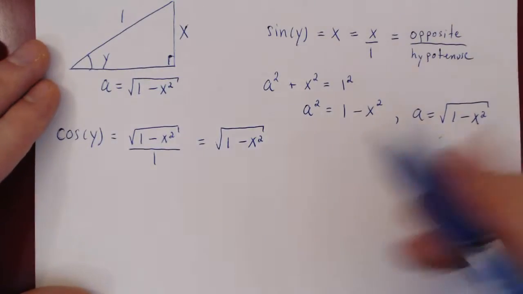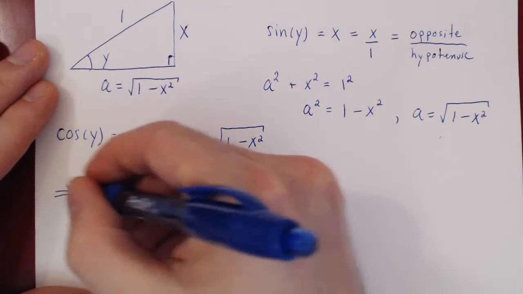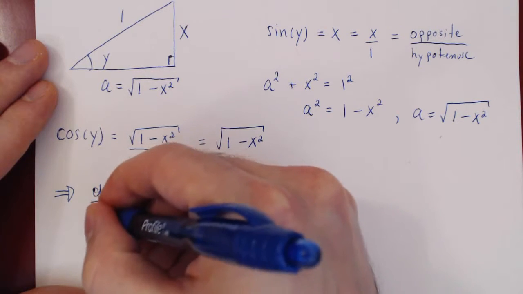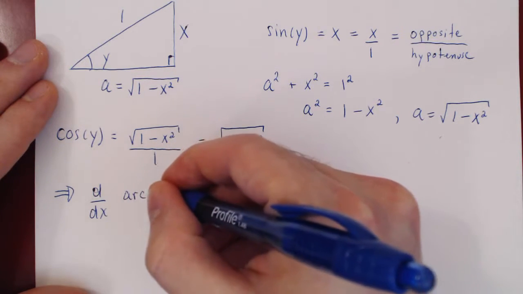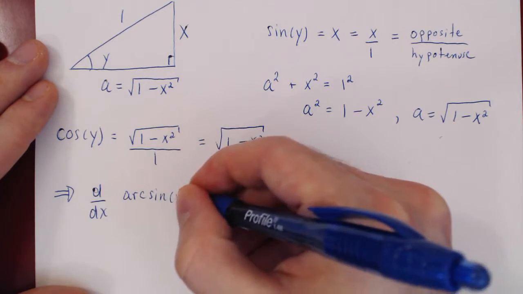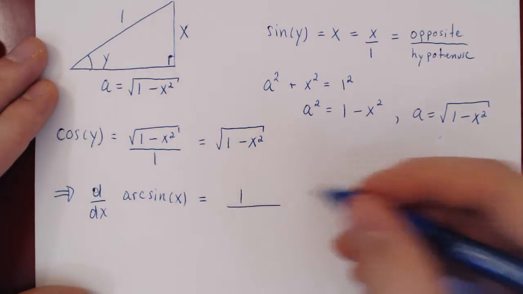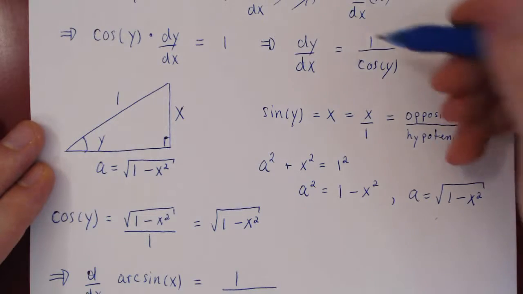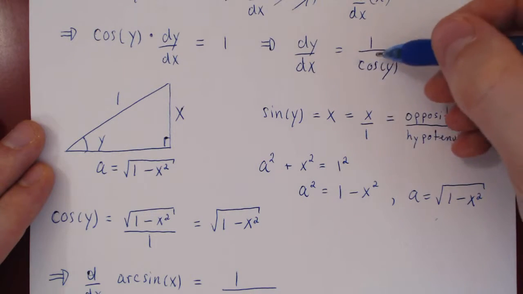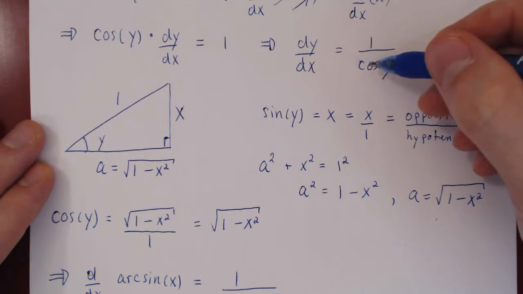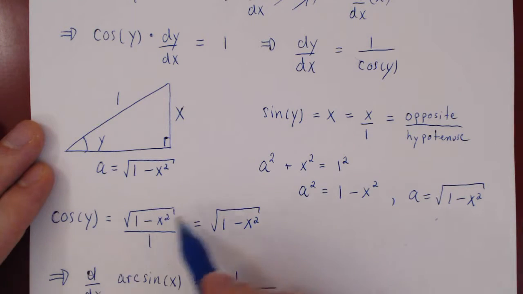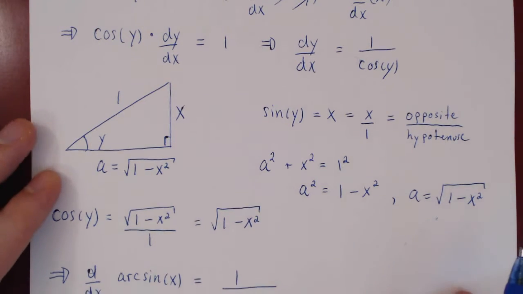Let's write that down here. So the derivative with respect to x of arc sine of x, the inverse function of sine, is equal to 1 over, right, if you just look back up, the derivative of arc sine was 1 over cosine of y, but we've just found that cosine of y is root of 1 minus x squared.